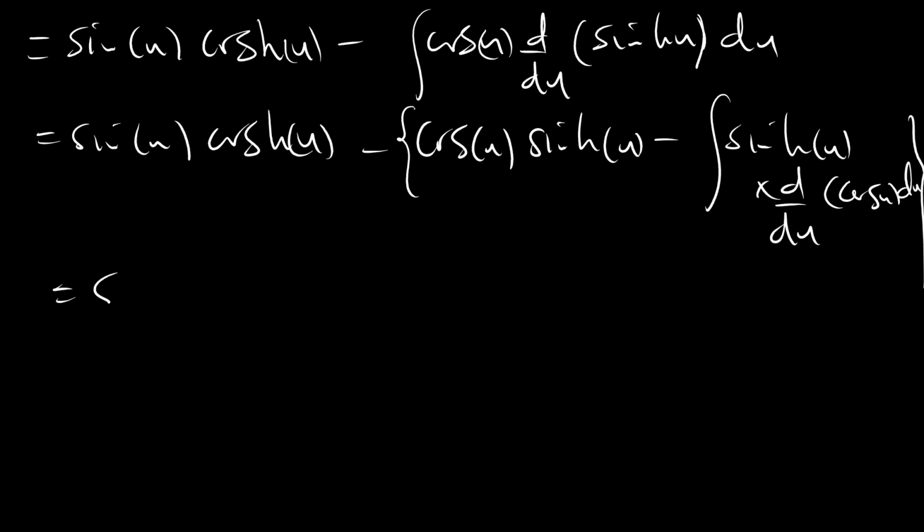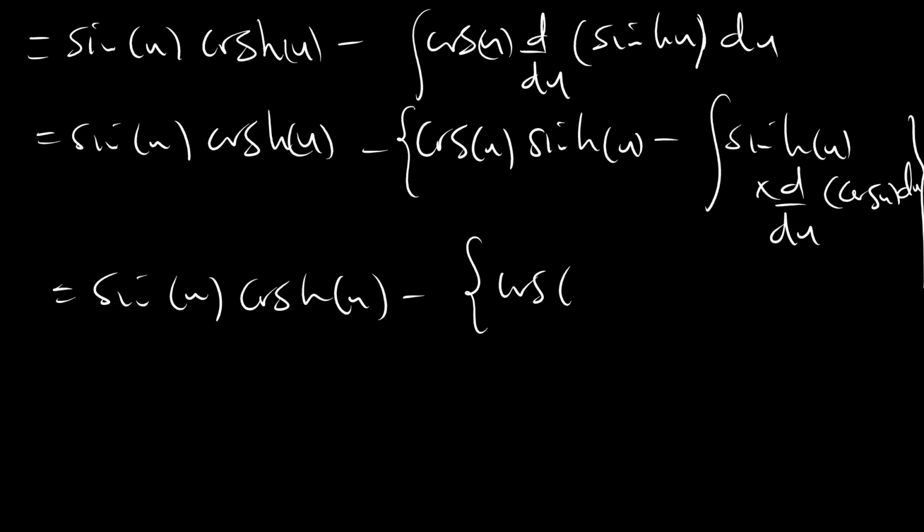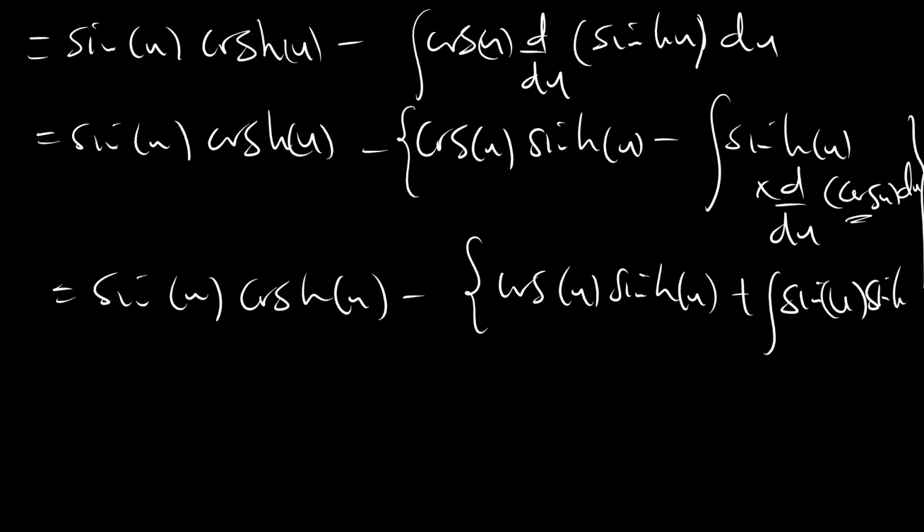So this is sine of u cosh of u minus cosine of u sinh of u minus, this is negative sine, so it becomes sine of u sinh of u.